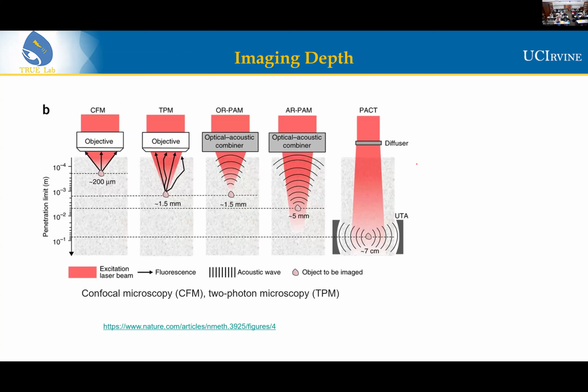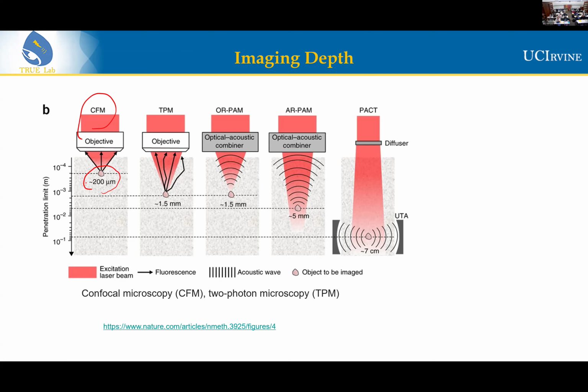I just want to use this graph to quickly overview the imaging depths of all kinds of microscopy we typically know. So we have confocal here. You can achieve very high resolution, of course, but the penetration depth is roughly around 200 micron. You see this fancy single-cell imaging, but the penetration depth is really, really low.